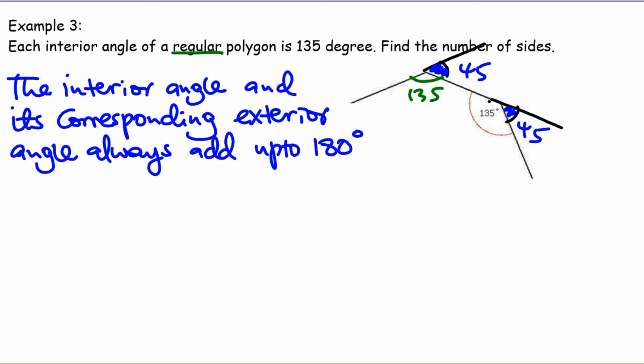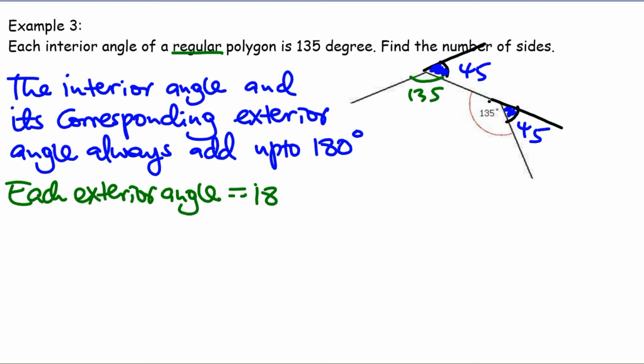Which means that, as I've already shown in the diagram, each exterior angle is 180 minus 135. That will be 45 degrees.